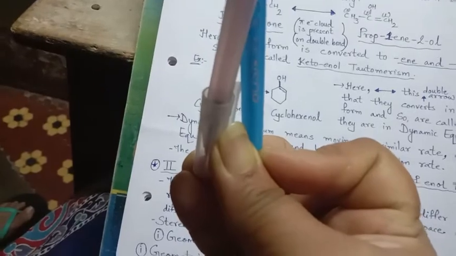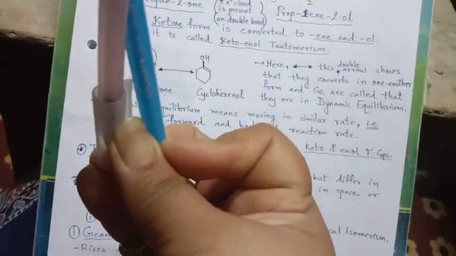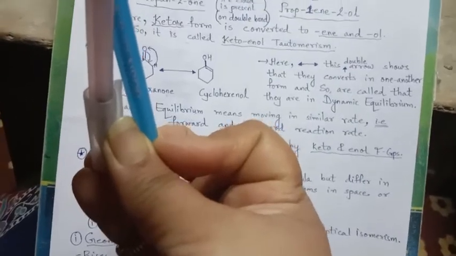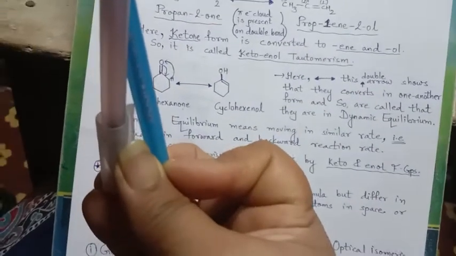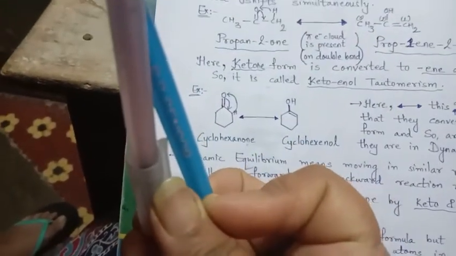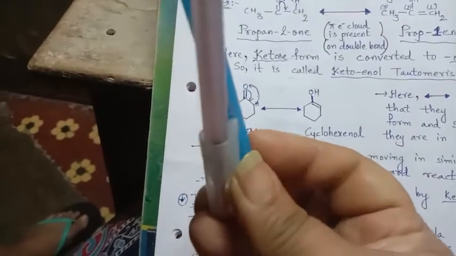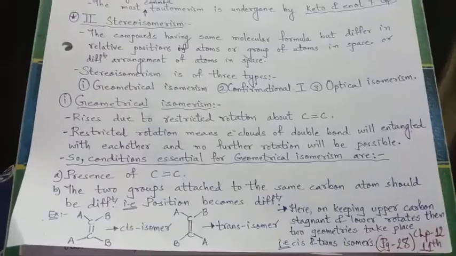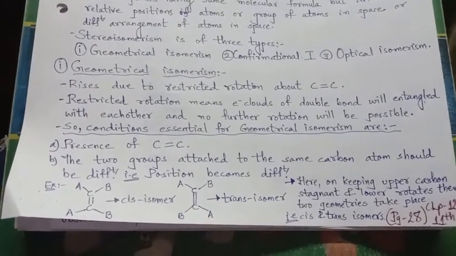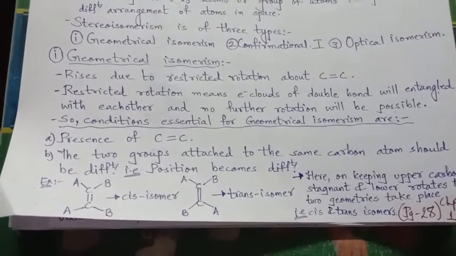This steric hindrance is responsible for the restricted rotation, and due to that there are again two types of geometrical isomerism, which are cis and trans. Clear? So here is the restricted rotation. I hope you now understood what is restricted rotation.